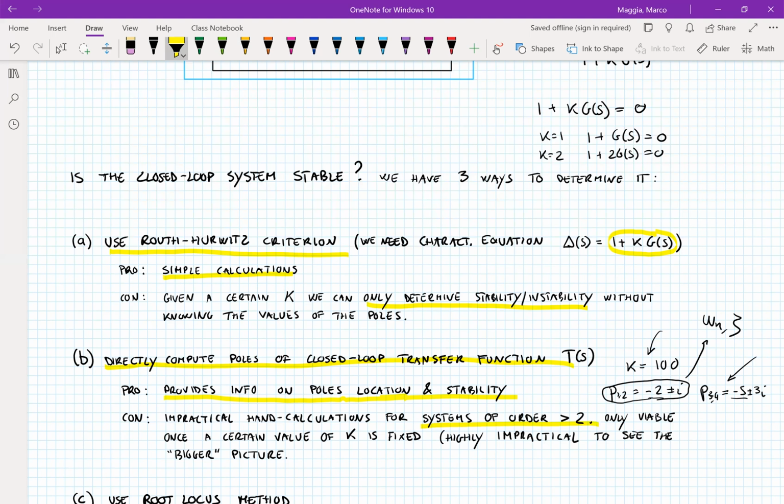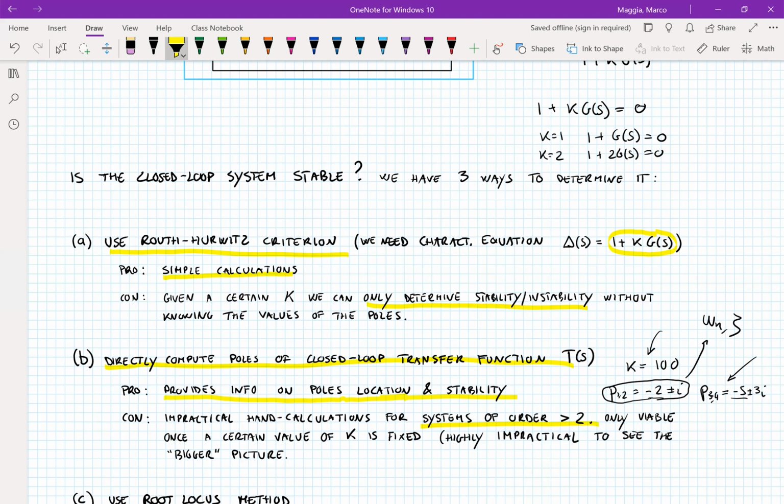And it is very difficult to solve by hand. You would have to solve it numerically anyway, and solving something numerically by hand can get very tedious and very long very soon. So it really only makes sense when you already know the value of k, and then you want to compute directly the poles.